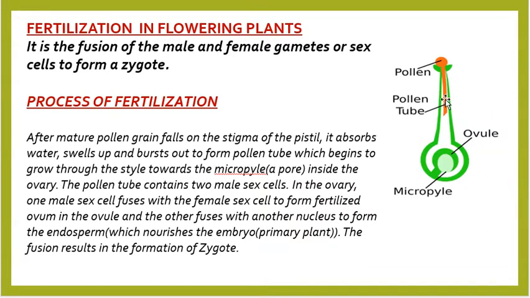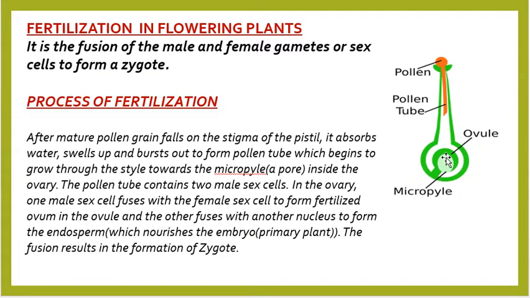Now it grows into what we call the pollen tube. And the pollen tube moves towards the ovary, enters it, and then gets to where we have the micropyle. The micropyle is a pore or a tiny hole that leads to the ovule or the embryo sac.